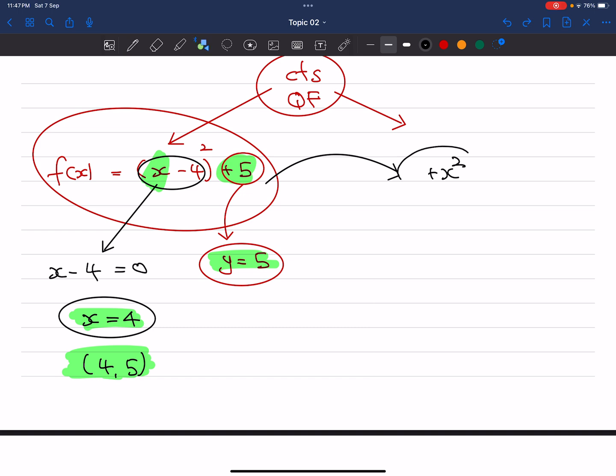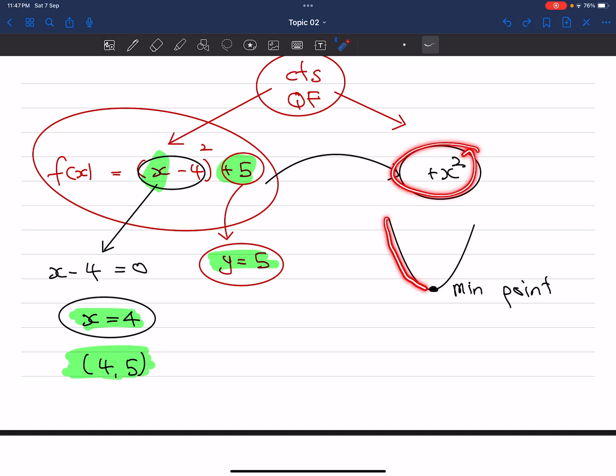And we know that for positive x squared, the graph is U-shaped and it will have a minimum point. Therefore, this (4, 5) is the coordinate of the minimum point.